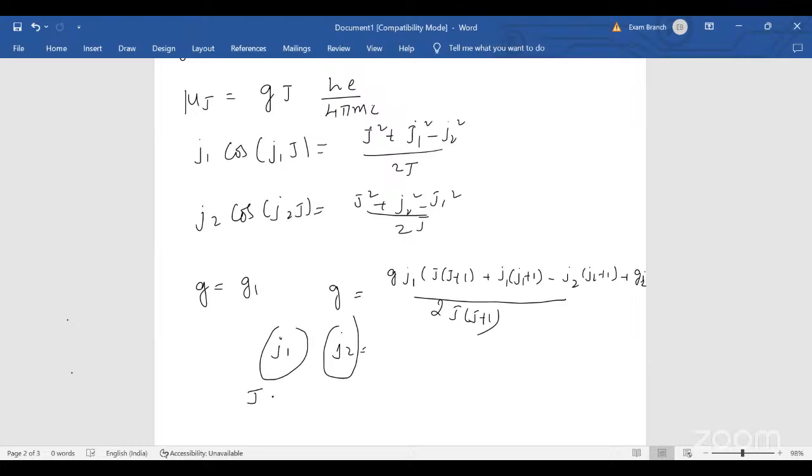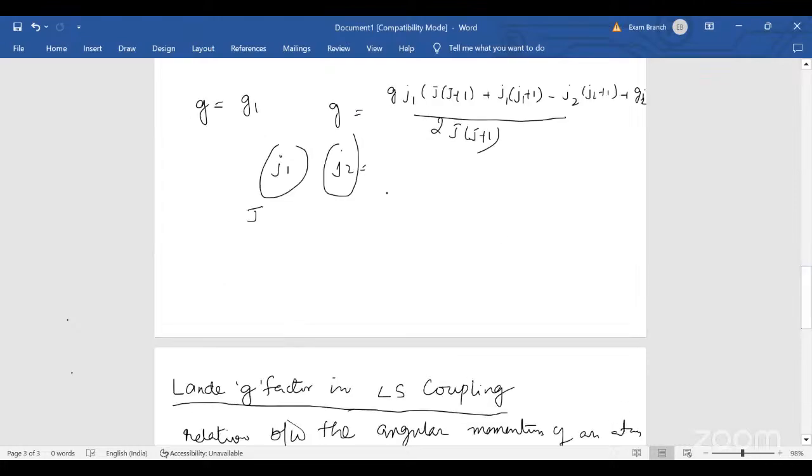Similarly, as we have seen, for a two electron system, suppose you take an example, L1 you may take some value like 1, and also S1. S1 is nothing but spin, which is always half.